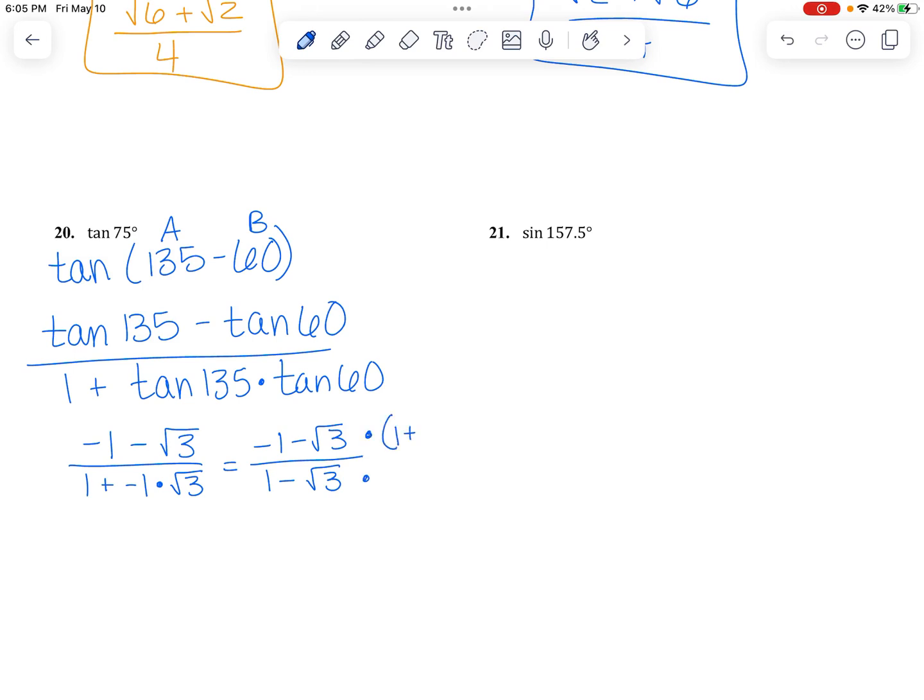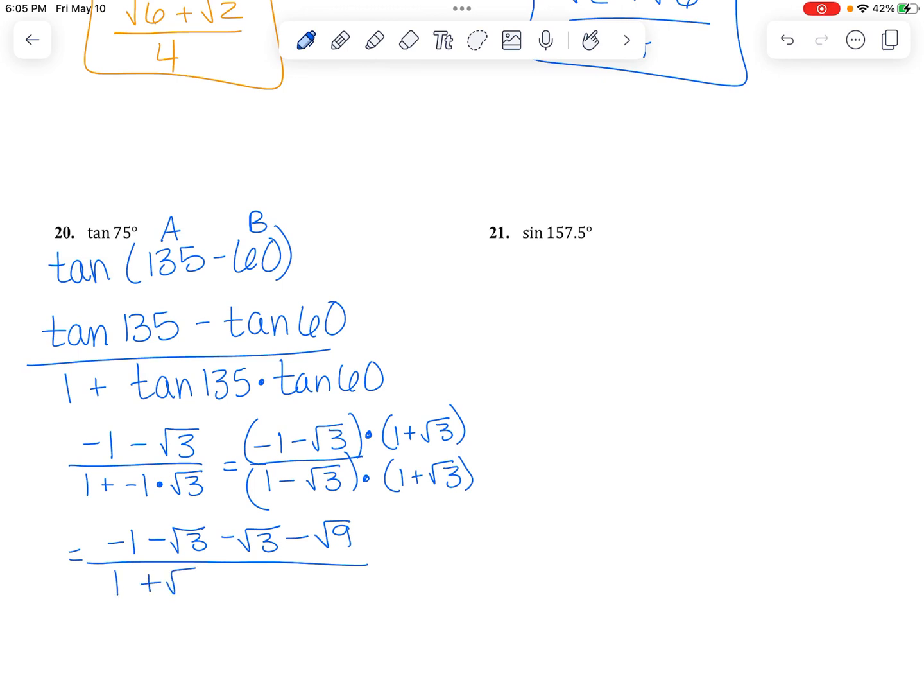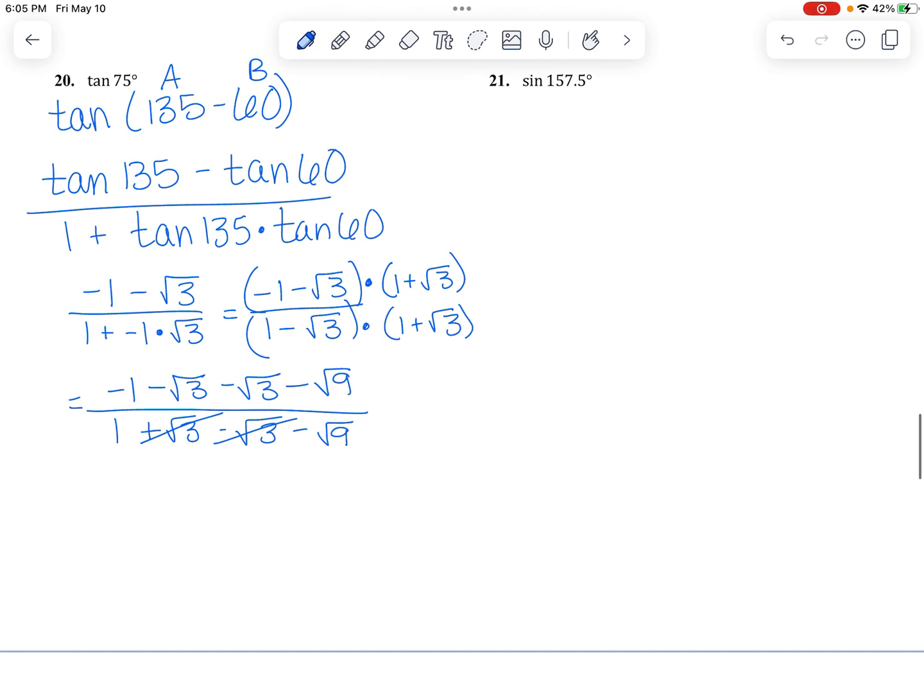have. To rationalize the denominator, I multiply by the conjugate of the denominator. And I FOIL it out. Negative 1 minus square root of 3 minus square root of 3 minus square root of 9 over 1 plus square root of 3 minus square root of 3 minus square root of 9.